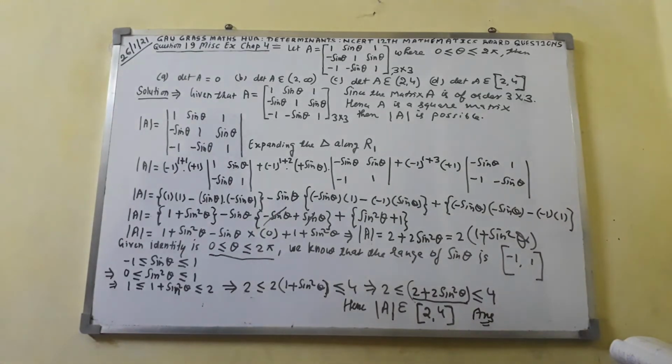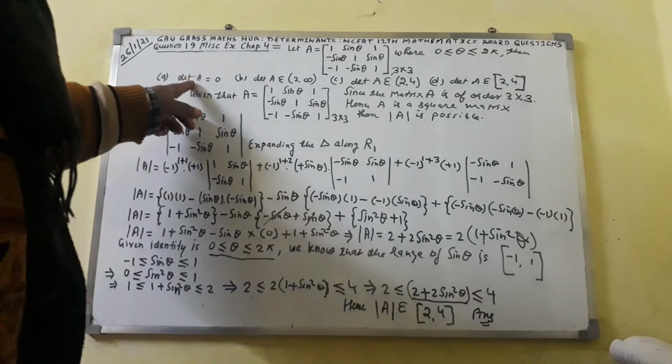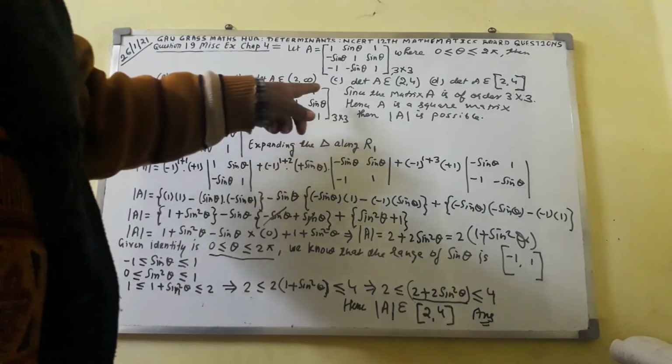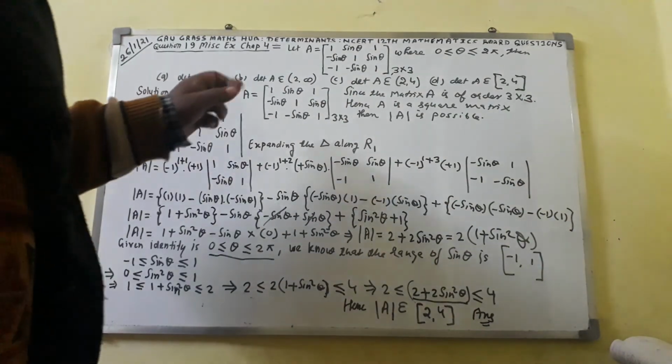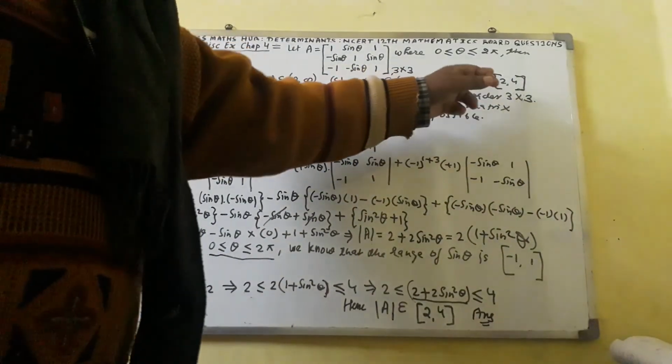Determinant of matrix A belongs to closed interval 2 comma 4 closed interval. So this means that, which option is correct? You can see here, this one is not correct, this one is also not correct. Open interval, open interval, open interval, open interval, and here nothing is there. Here you have got closed interval.